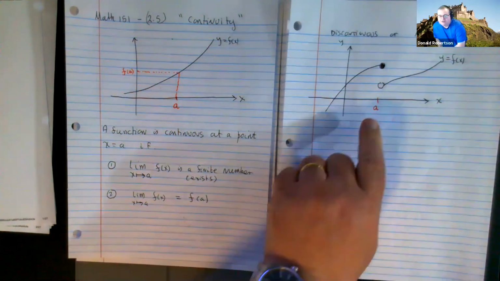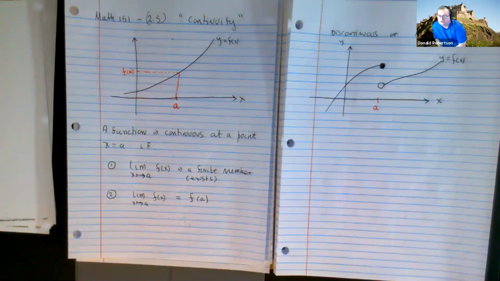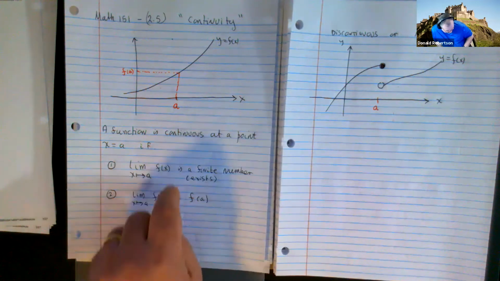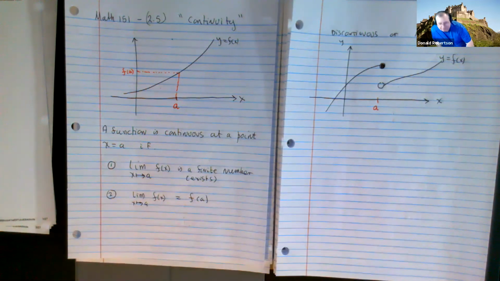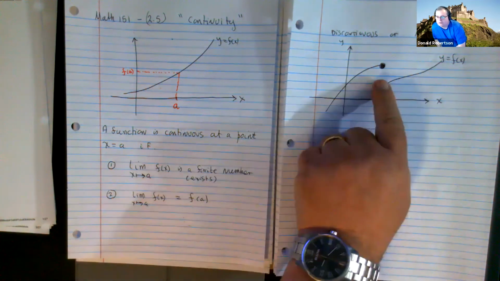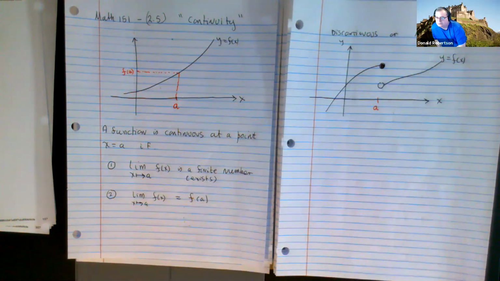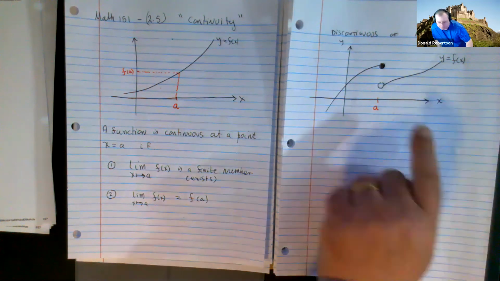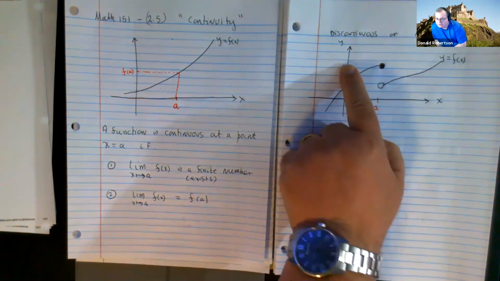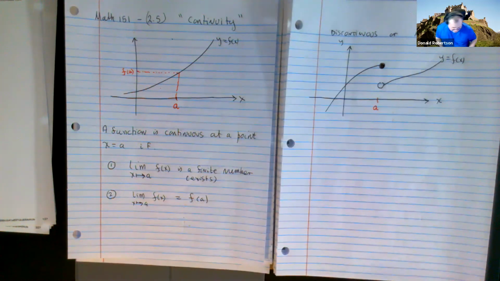This function is not continuous at a. It's discontinuous at a, if you want to use that phrase. So where does it fall down? Well, would you agree that this function doesn't have an overall limit? Because isn't its left limit a different number than its right limit? So it's not continuous.